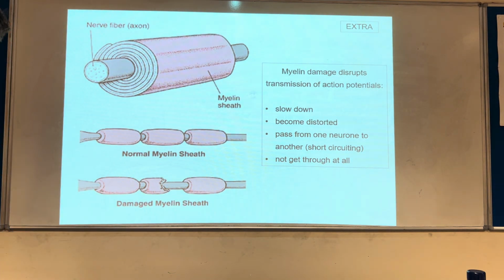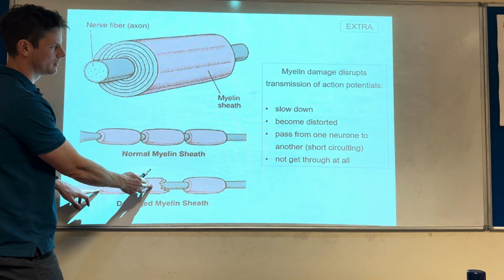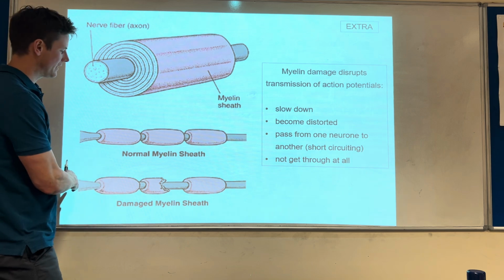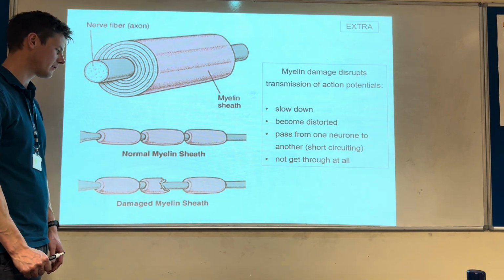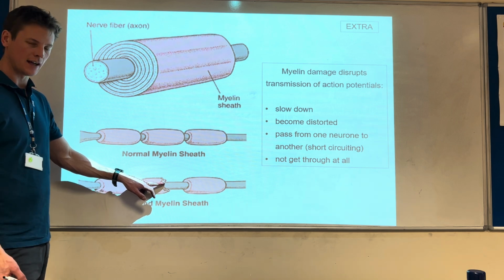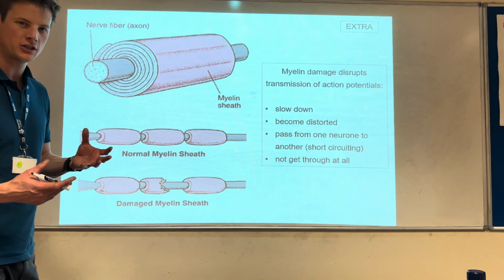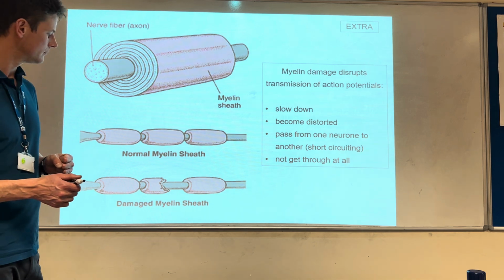Okay, so if the myelin sheath becomes damaged, the rate of transmission along that myelin sheath will slow. Why is that? Now, you're not expected to know about each different condition, but you could work it out.